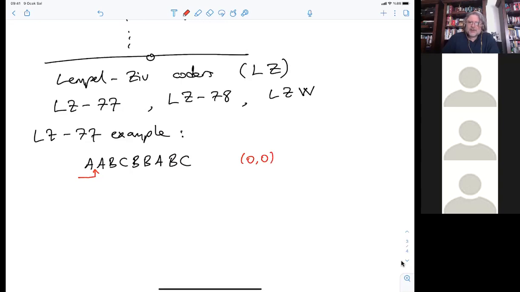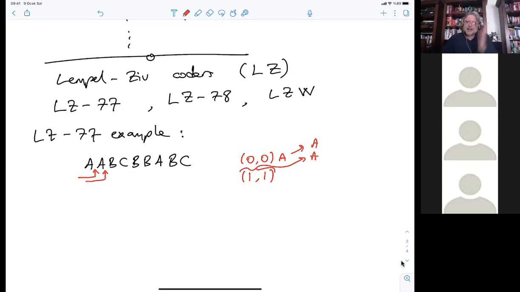And then after whatever went back and copied, the next symbol that arrives is A because it's the first A. Then we look at the second A, which has one A before it. So we search for that A already, which says: after this first A, go back one item and copy one item, which was A. So this one made an A, and this place made another A by going back by one and copying it.